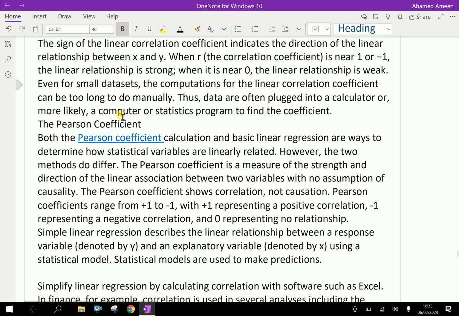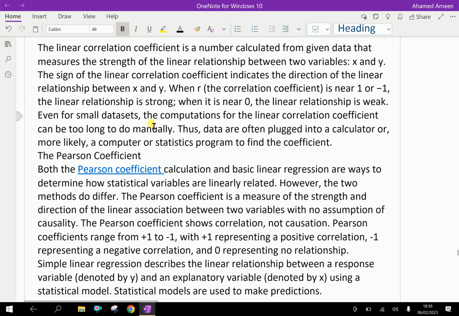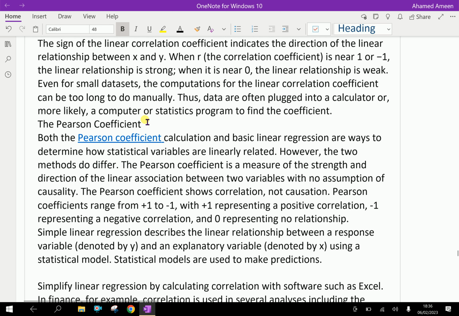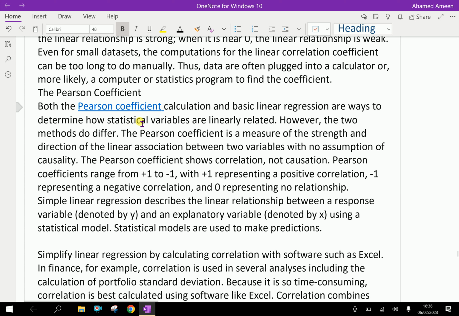Even for small data sets, the computation of the linear correlation coefficient can be too long to do manually. Thus, data are often plugged into a calculator or, more likely, a computer statistics program to find the coefficient. Here, the main thing is the Pearson coefficient, which we'll discuss in the next video.